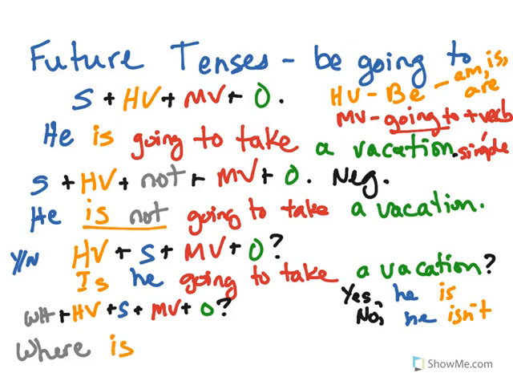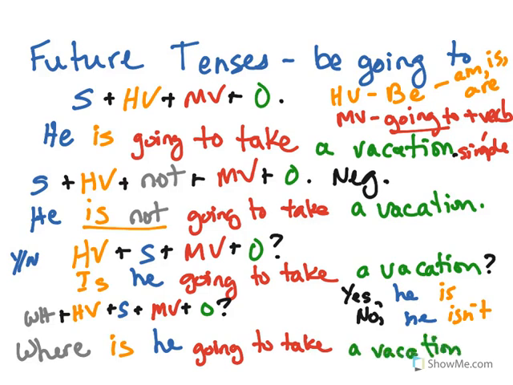And then I start with my helping verb. Is he going to take my main verb, a vacation? The answer would be some kind of information like he's going to take a vacation in Hawaii. Okay, so that's the form of future tenses with be going to.